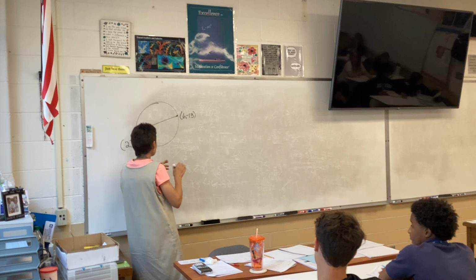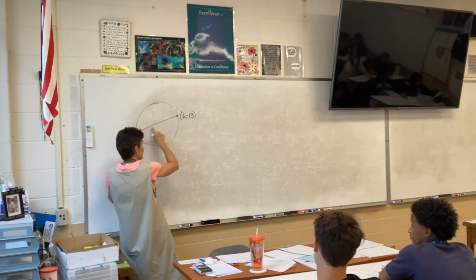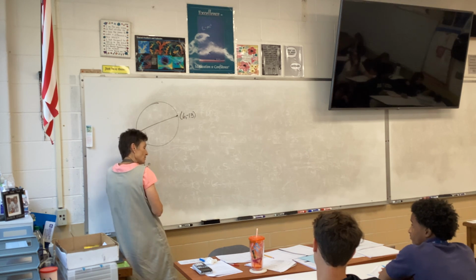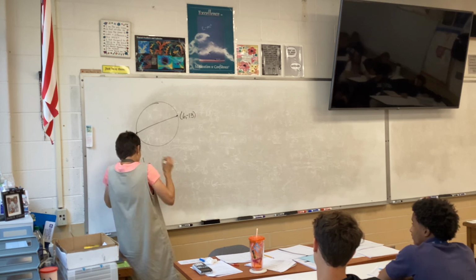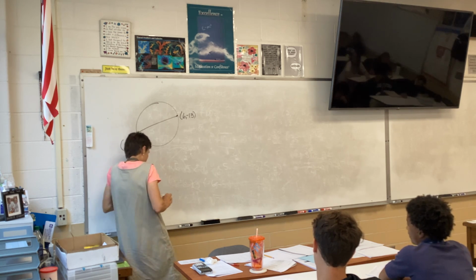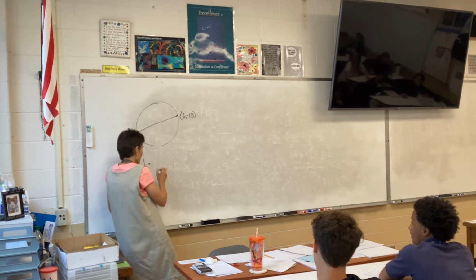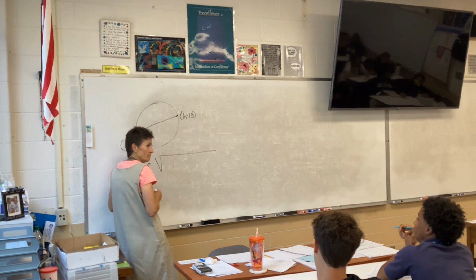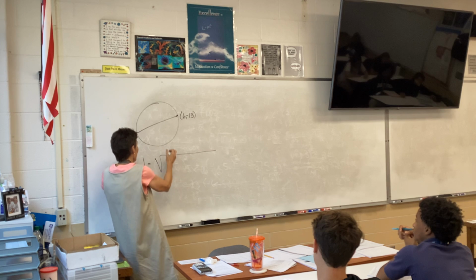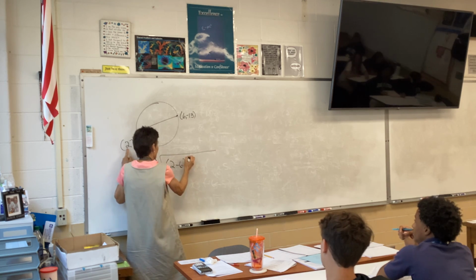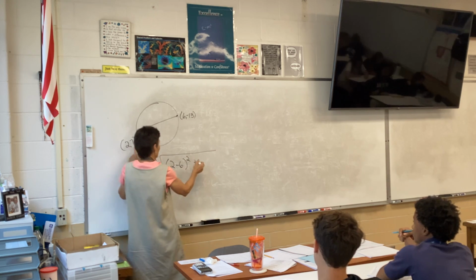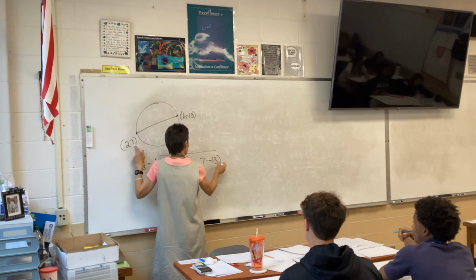To get the radius, she says, let's find this distance right here. So how do we do that again? How do we find distance? What's distance? That's your big square root, right? So 2 minus 6, and 7 minus -13.